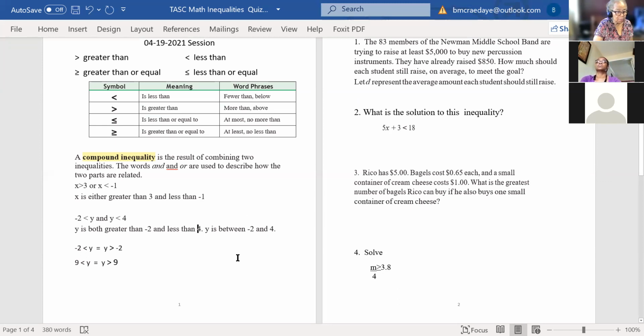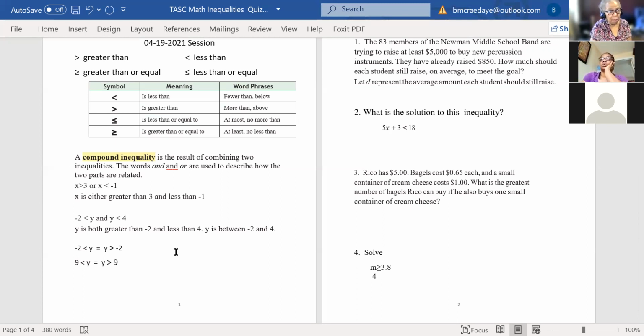This is very important that you remember: when you have something less than, you reverse the symbol, then you reverse the sides. So if the y is over here on the right, then the y is now on the left. So an inequality doesn't have to be just a simple inequality.